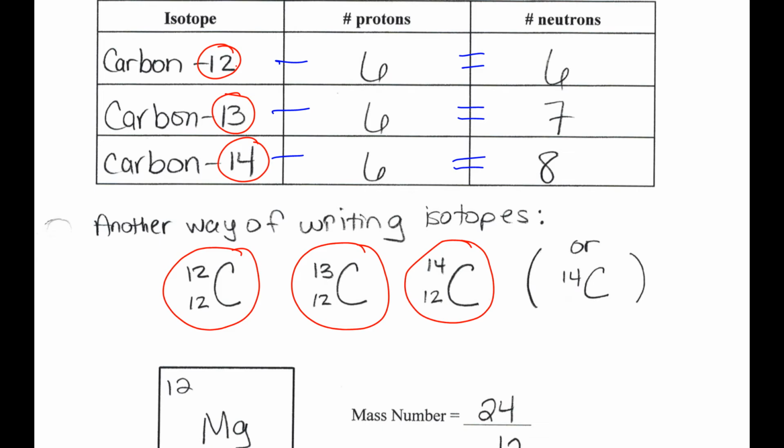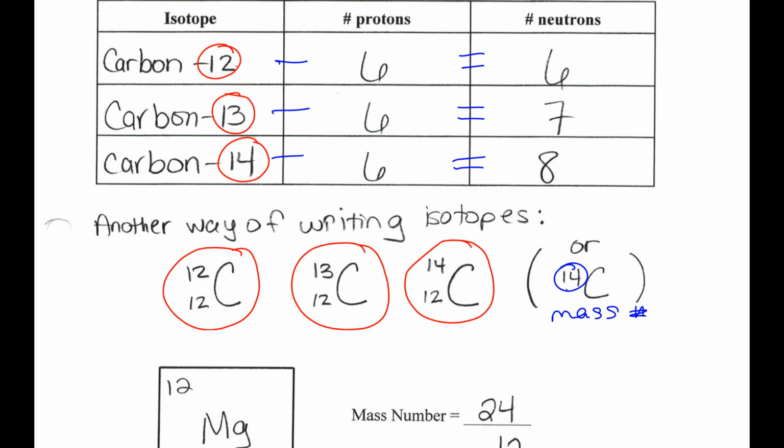So just remember, if you see two numbers, then the smaller number is the number of protons. But if you see one number, that's the mass number. We never just write the atomic number, because that you can look up in the periodic table. So this is always the mass number if it's just one number written. If there's two numbers written, the smaller one is the atomic number.